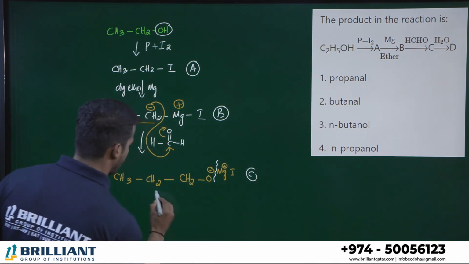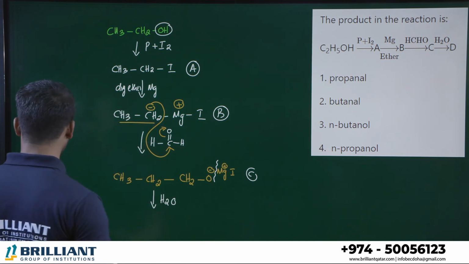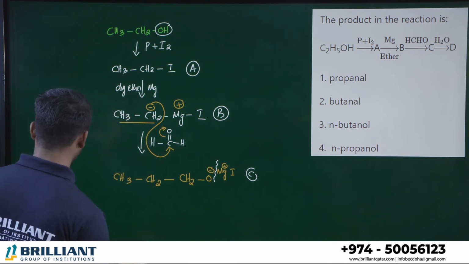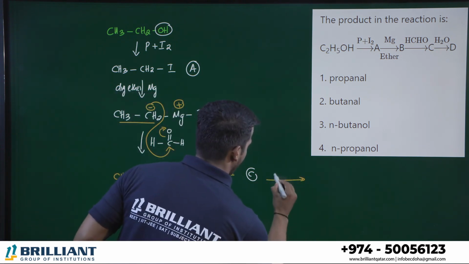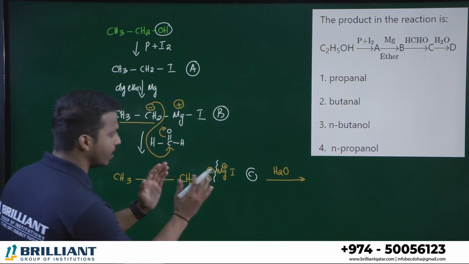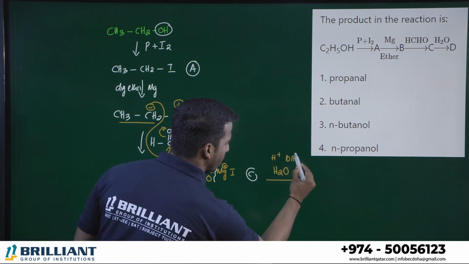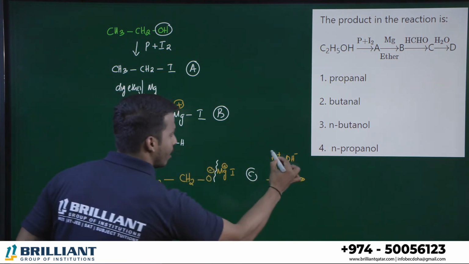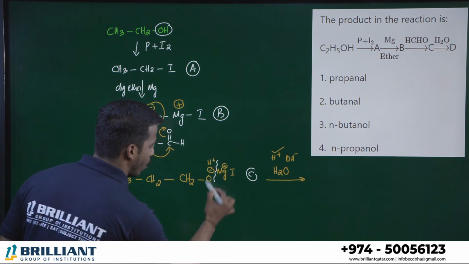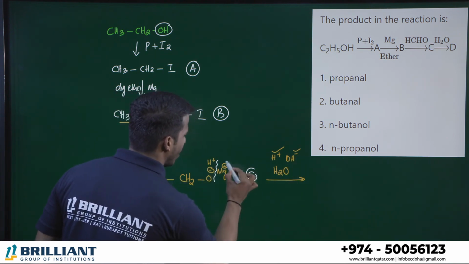What is the last reaction? It is treated with water, dear all of you. Okay, let's continue. You know, water contains two ions. What are they? H plus and OH minus. You just add here to the O minus part, you can add H plus. So OH, alcohol is ready. To the Mg plus part, you can add OH minus.